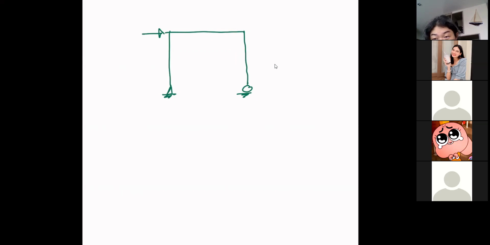Why don't you give yourself a good 2 or 3 minutes, and I will draw the deflected shape for you. I'm giving you guys 2 minutes to use your imagination. No calculation required. Just feel the structure.